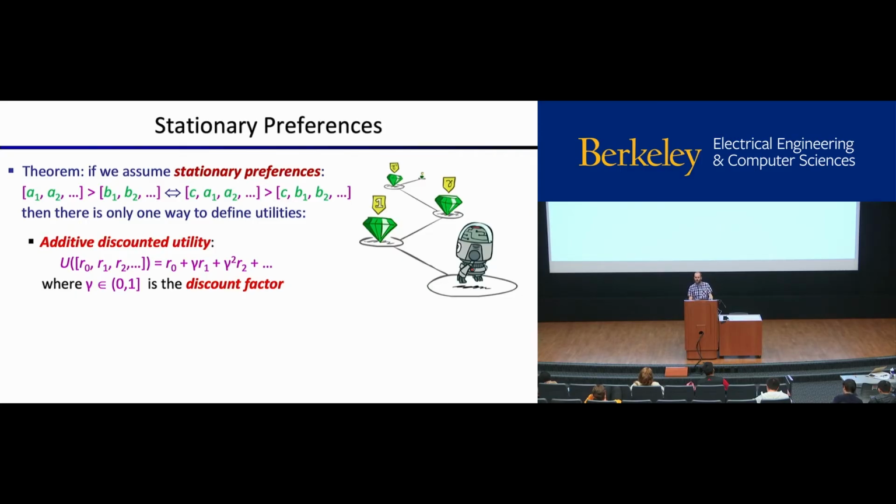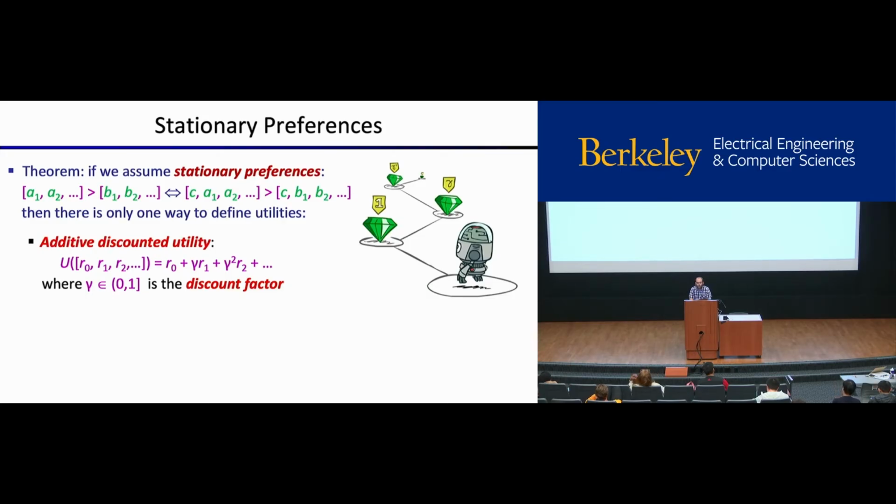Questions about that? Yeah. I'm kind of confused about the significance of the stationary preferences. It's just saying if you add the same reward at the beginning for each of the sequences of preferences. Yep, that's exactly right.